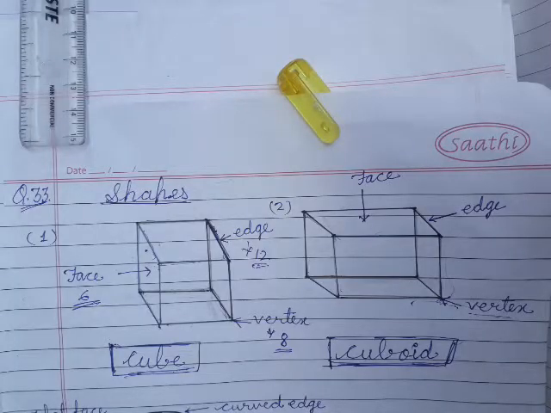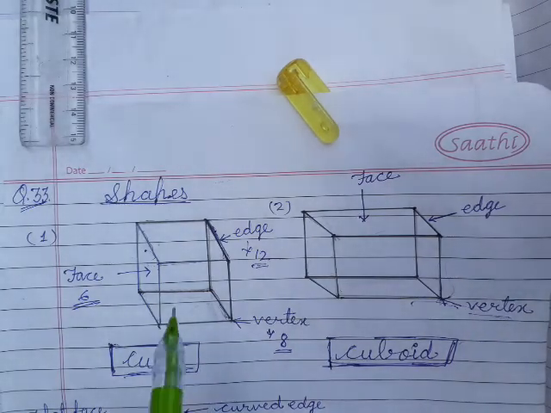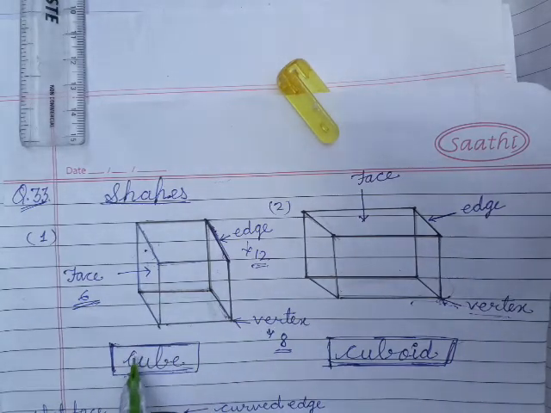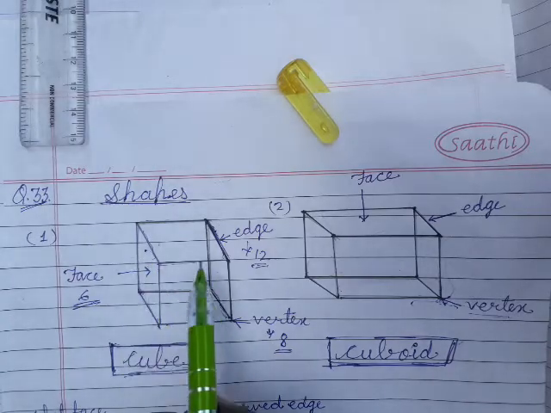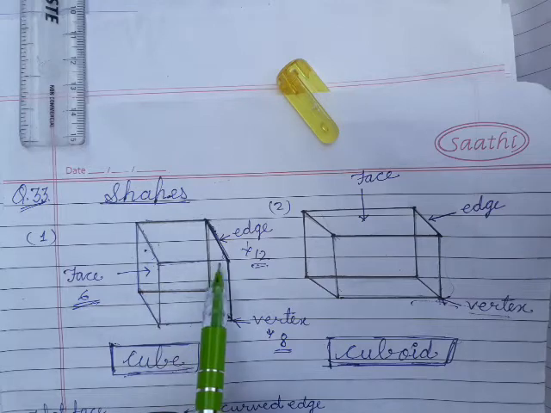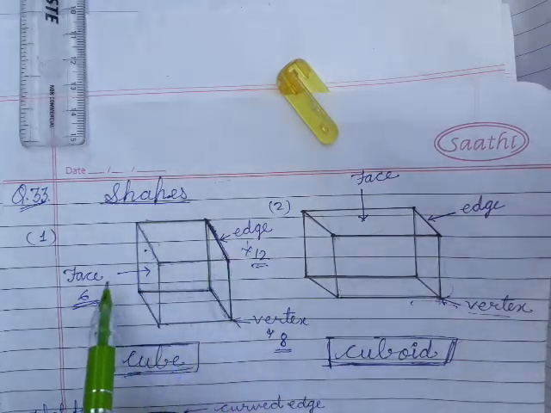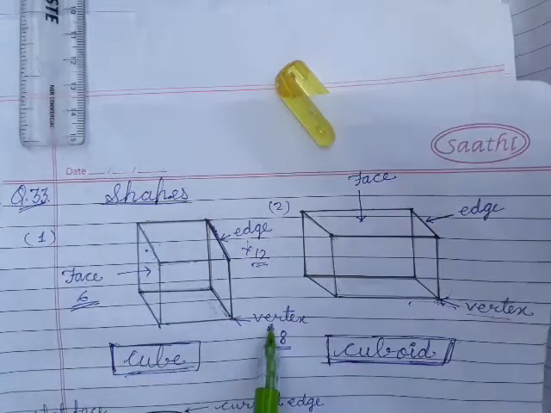Now children, we discuss the shapes of question number 33. First, a shape is given here, a cube. It's a cube shape. And it says edge, face, and vertex.